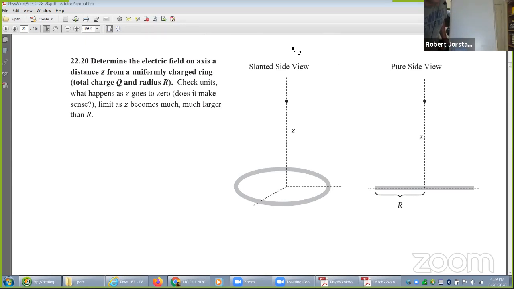Let me draw this on the board and then I'll stop the screen share in case you're writing this down too. So the idea is, you've got a ring of charge here.